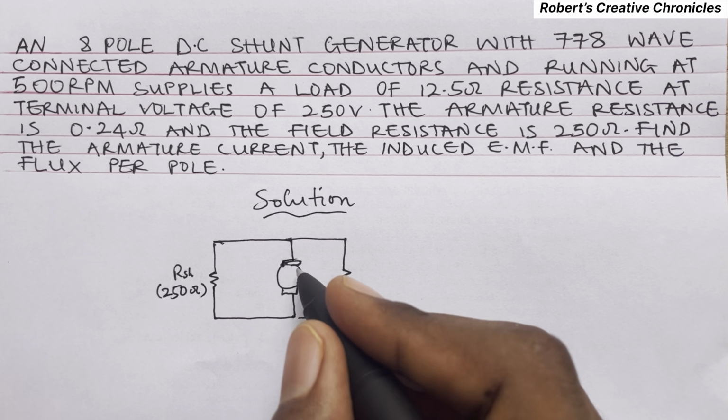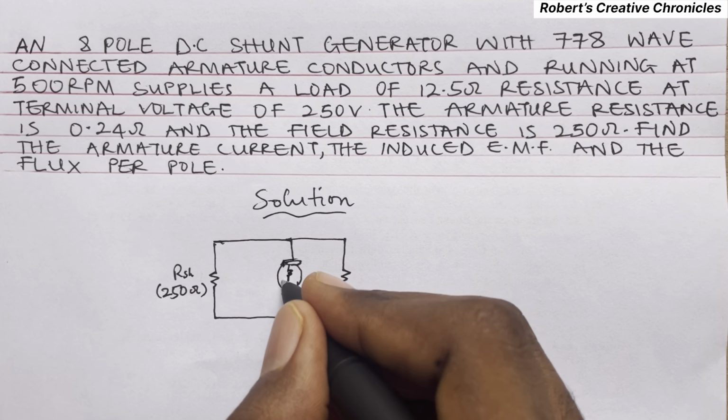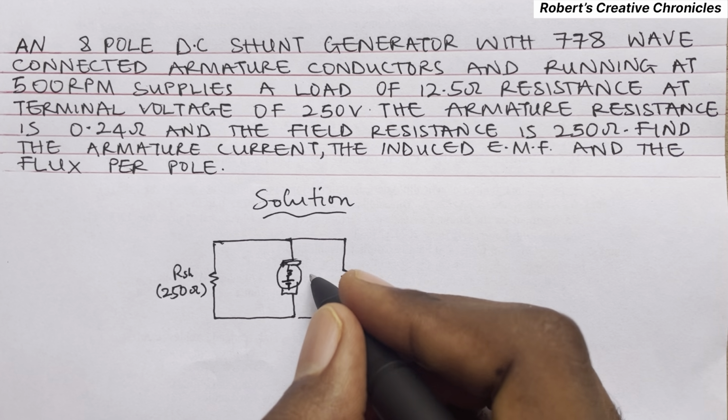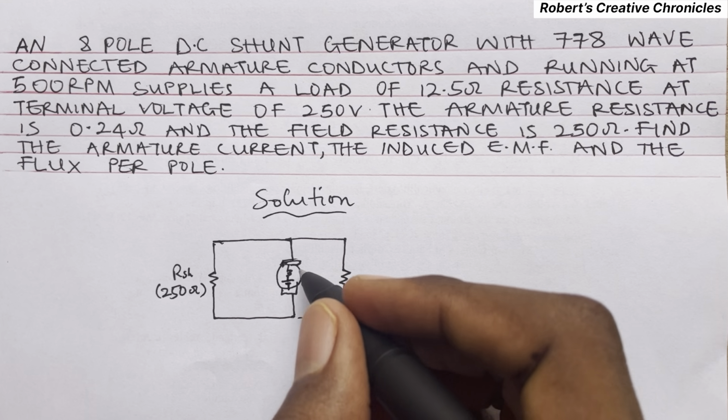Then this is the armature, with the armature resistance inside, and this is the generated EMF, EG, or the induced EMF.